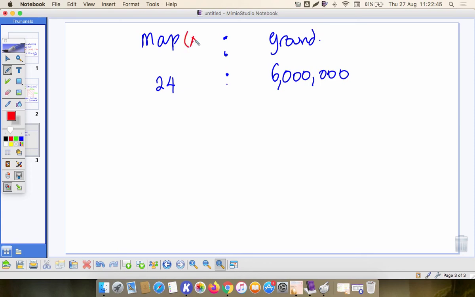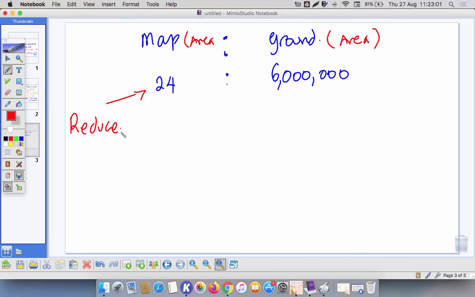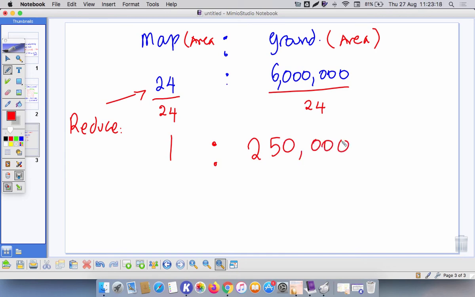Currently, I'm dealing with the area, not the length or distance. So I am going to reduce, like we've been talking about earlier with ratios. That's dividing by 24, dividing by 24. This is going to give me a 1 to 250,000.